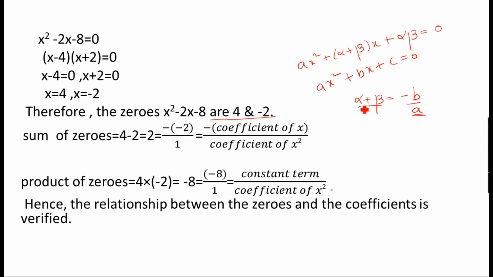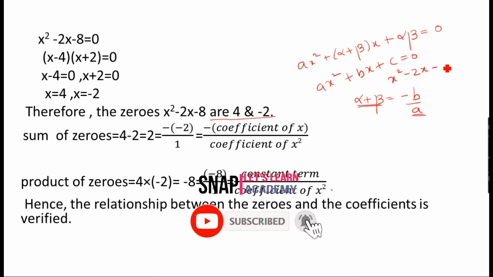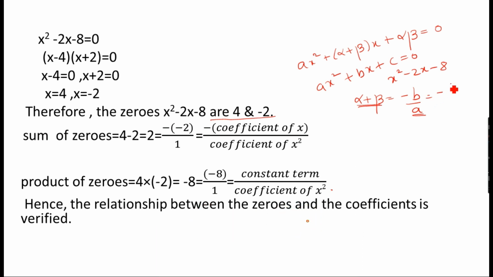We take the value of alpha plus beta is equal to minus b by a. We know that our polynomial is x square minus 2x minus 8. Now put the value of minus b here, we get minus times of minus 2, and the value of a is 1 here. We get alpha plus beta is 2.